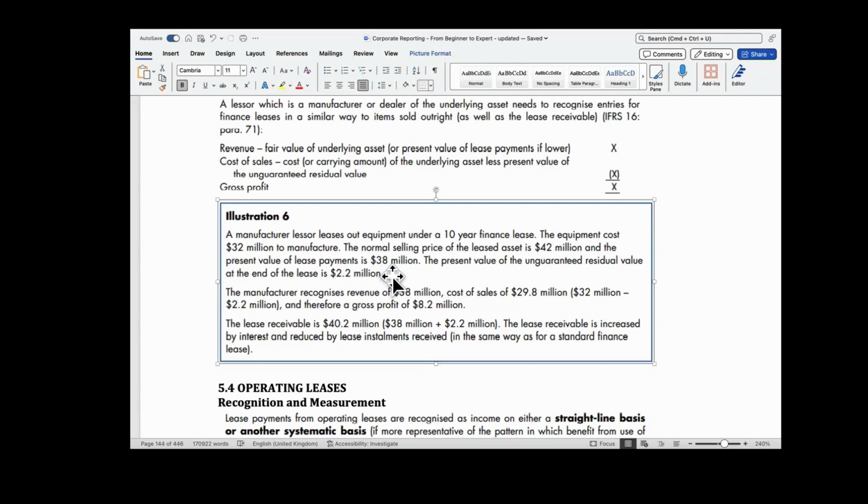So the only additional thing for manufacturer or dealer lessor is just determining that sales and cost of sales. The net investment in the lease is the same as the normal lessor accounting.